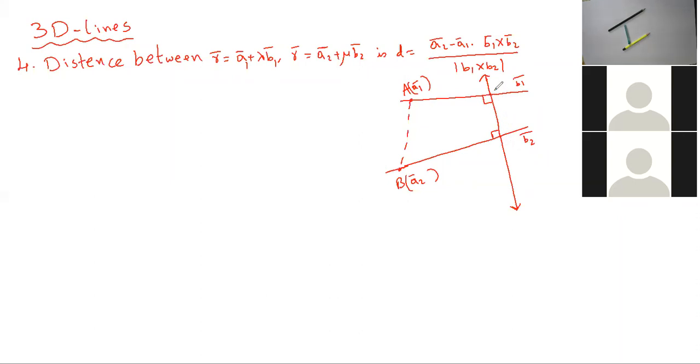Suppose you call this C and this D. CD is the perpendicular distance between the lines. So the perpendicular distance between the lines is nothing but the projection of AB on CD. The projection of AB on CD is the perpendicular distance between the 2 lines.